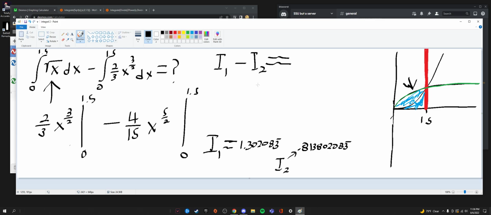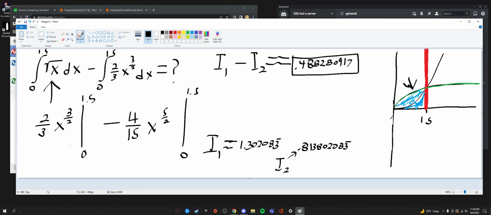I also did that out by hand, except without the repeating, because that's annoying. And it is approximately equal to 0.4882809117. So this is what our bounded area is approximately equal to.